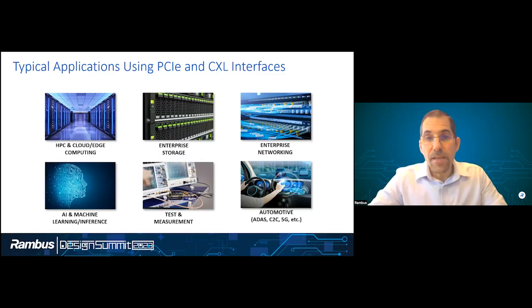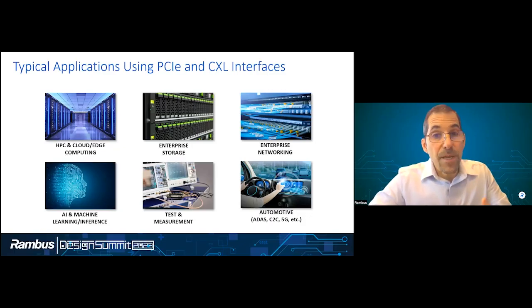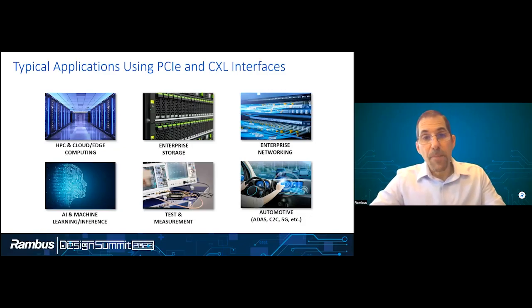Enterprise and networking. Historically, these have been referred to as NIC or network interconnect cards. Nowadays, you'll hear more of what's called a smart NIC, which typically embeds a data processing unit or DPU.